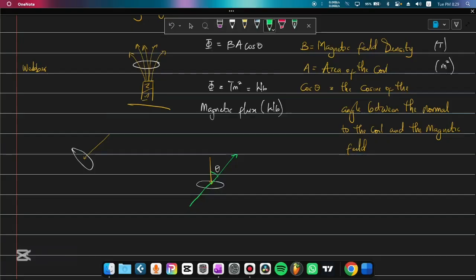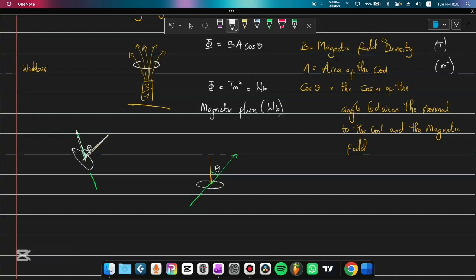So this is the direction of the magnetic field line. What is our theta? Theta is this angle here. The angle between the normal to the coil, which is this, and the magnetic field. Are we together?